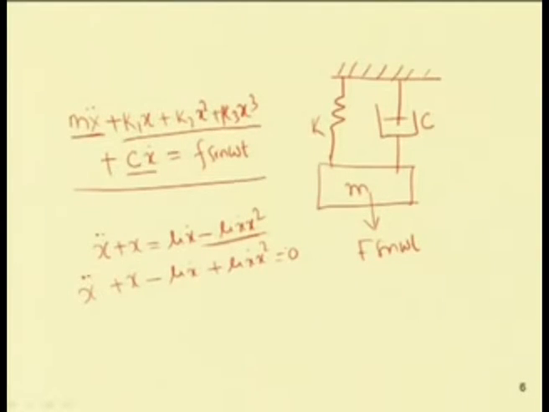So, we have a positive stiffness and the damping is negative, but the resultant force from the minus mu x dot and plus mu x dot x square, if this is positive, then the system will be stable, otherwise the system will be unstable.